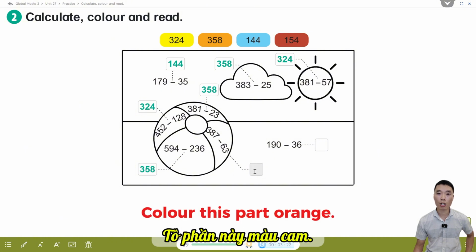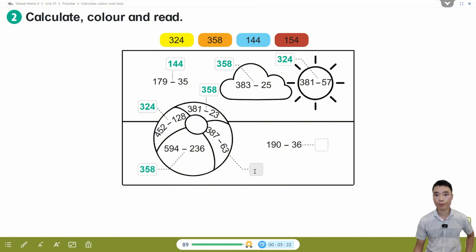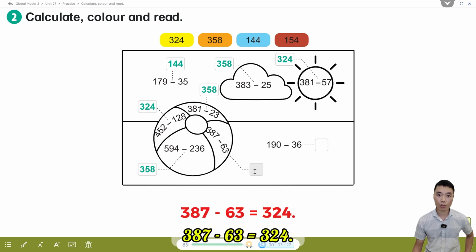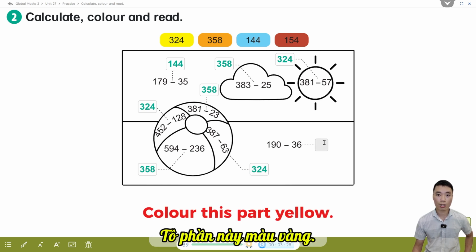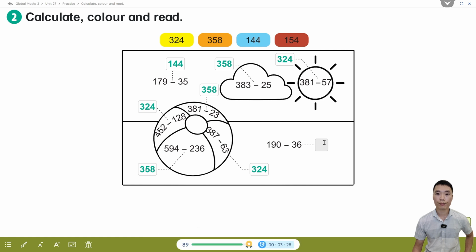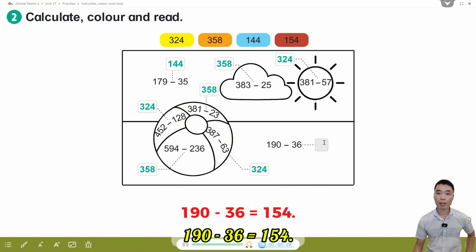Color this part orange. 387 minus 63 equals 324. Color this part yellow. The last one. 190 minus 36 equals 154.